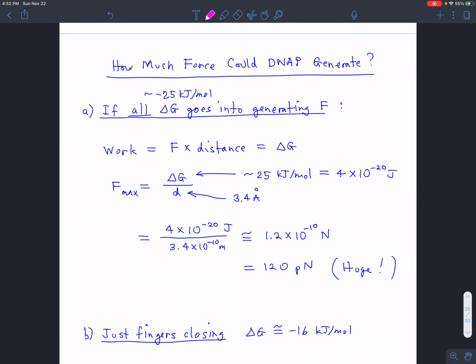So first of all, how much force could the DNA polymerase in principle generate, even if it used all of it? So the overall delta G for the reaction for the whole cycle, the whole 5-step cycle, is probably around minus 25 kilojoules per mole. Even that number is quite uncertain. This is typical of biophysics, actually, biophysical chemistry, physical biochemistry.